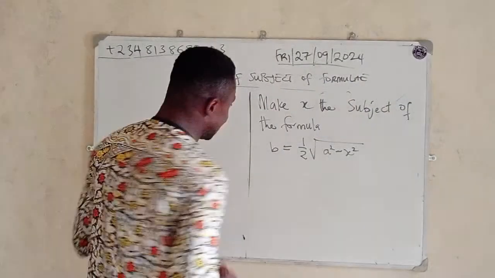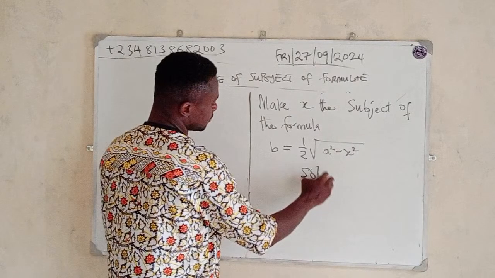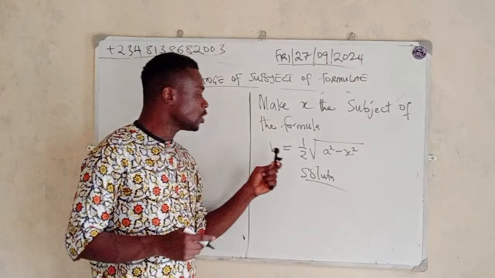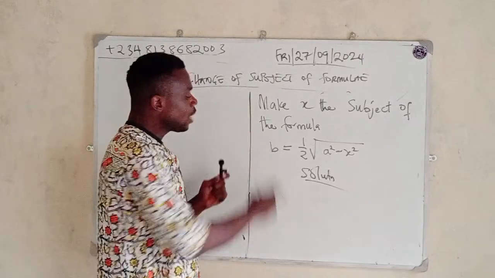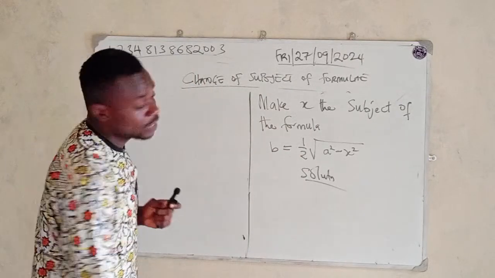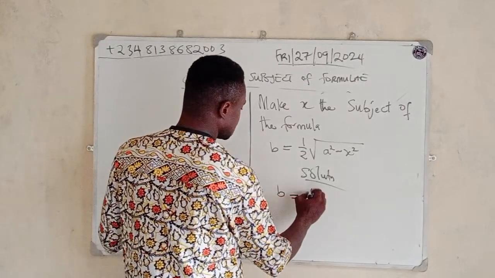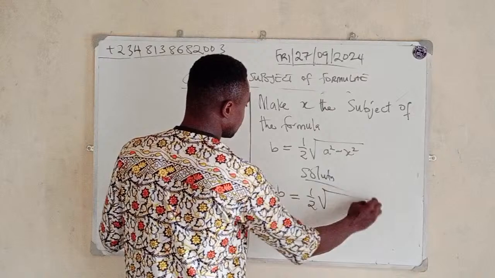Let's look at it again. Solution. The question says b is equal to half square root of a squared minus x squared. Now remember, we have this half.